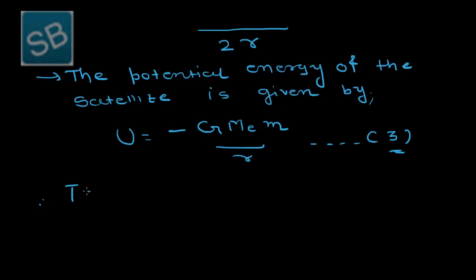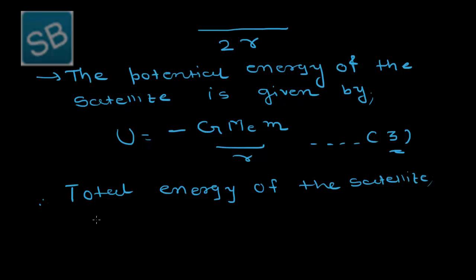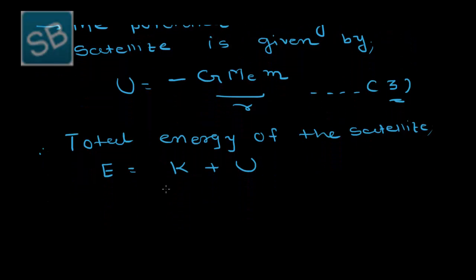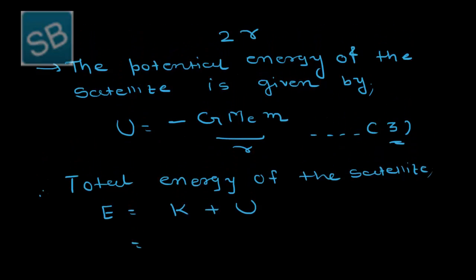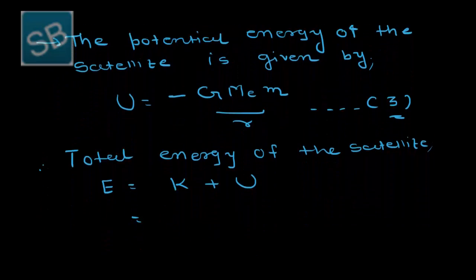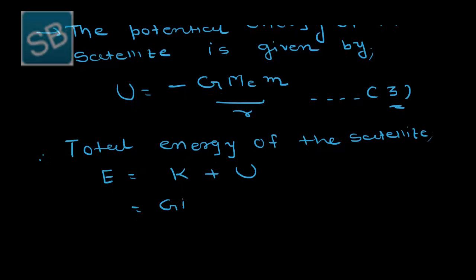Therefore, if I want to find out the total energy of the satellite, that is E equal to K plus U, kinetic energy plus potential energy, which is equal to the kinetic energy we have obtained from equation number 2, that is G Me m over 2r, and the potential energy I can directly write from equation number 3.